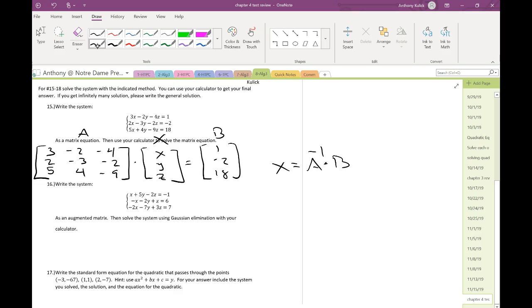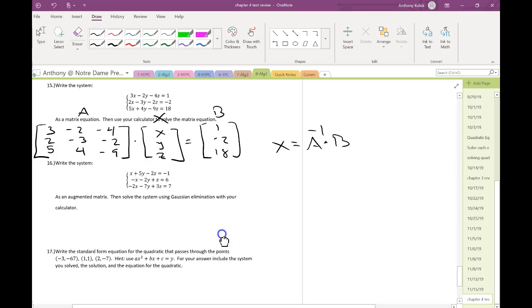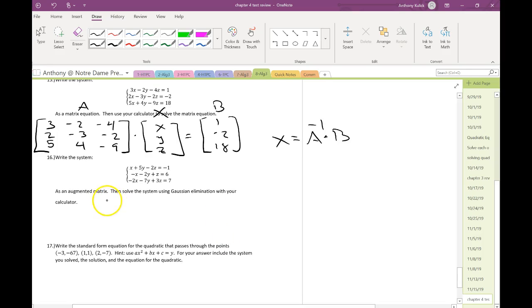Anyway, you said we want to talk about 16 also? So the augmented matrix for 16, I just remove all the variables and the math symbols and take only the numbers. Now, I should make mention that everything has to line up.